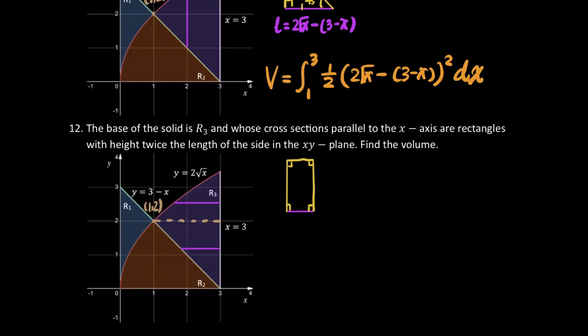So length number 1, the lower portion. Okay, so remember this line, x is 3 minus y. So that's 3 minus 3 minus y.